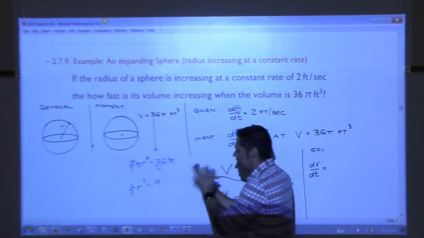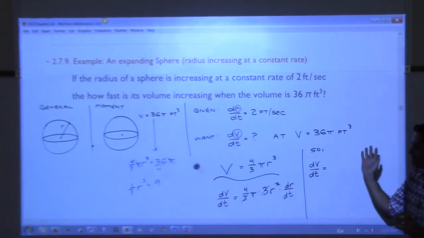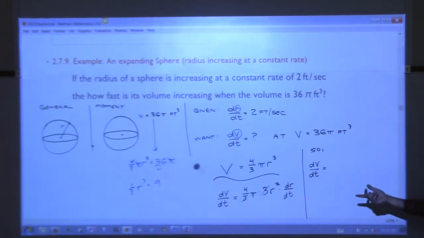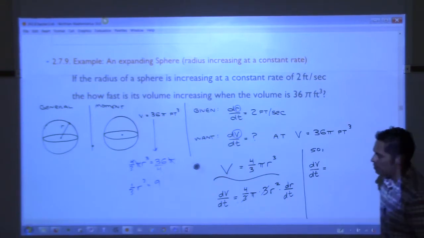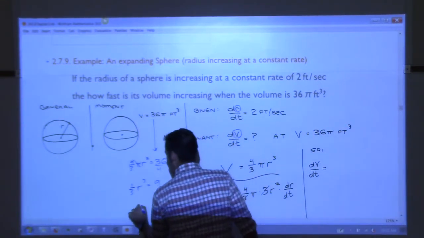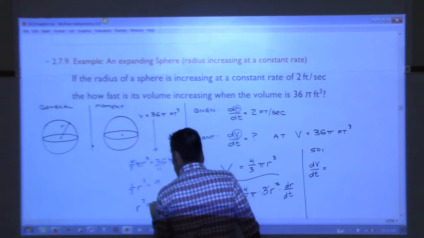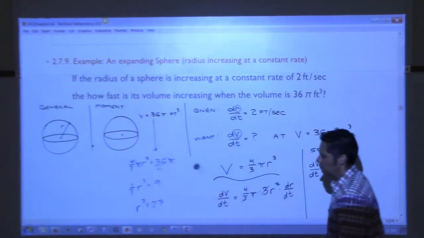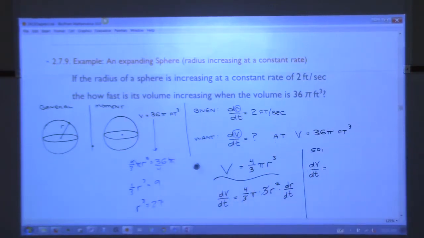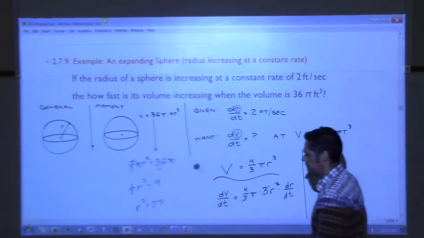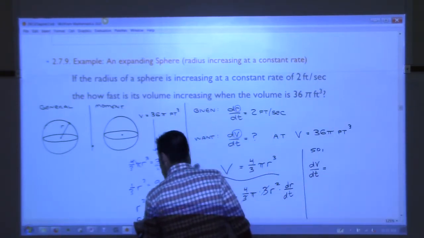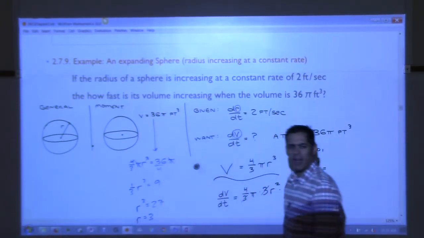You can do this any way you want. I heard multiply both sides by 3. You could have done that. I'm going to do that now because it's just an easier number to work with. So r cubed is 27. The cube root of 27 is 3. So my radius is 3. Do y'all see how I did that?